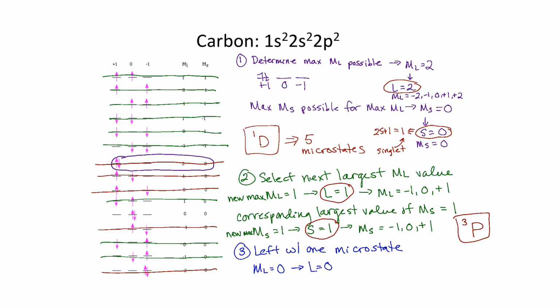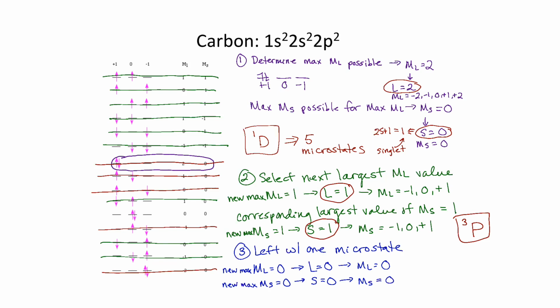The only possible value of M sub L in that case would be 0, so new max M sub L of 0. And then with our M sub S, new max M sub S, also 0, leads us to a big S of 0. The only option for M sub S in that case is also 0.